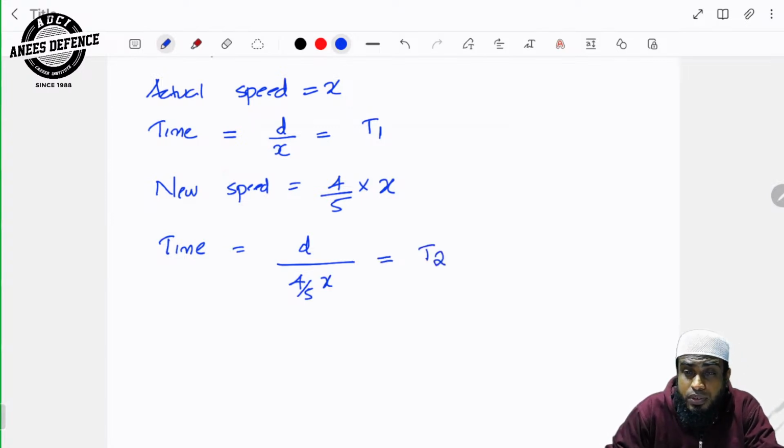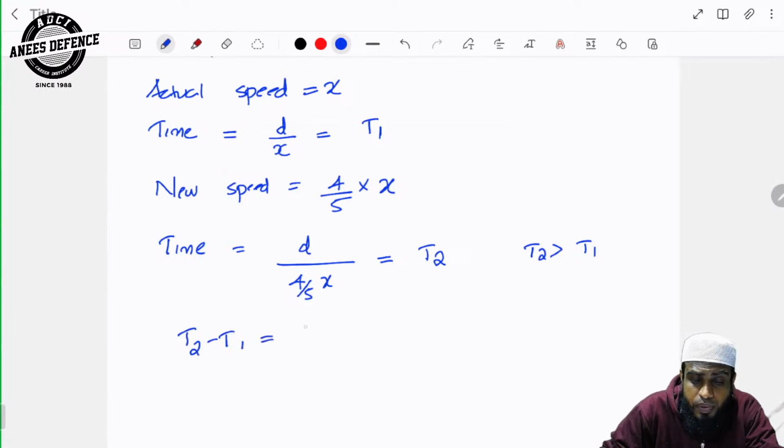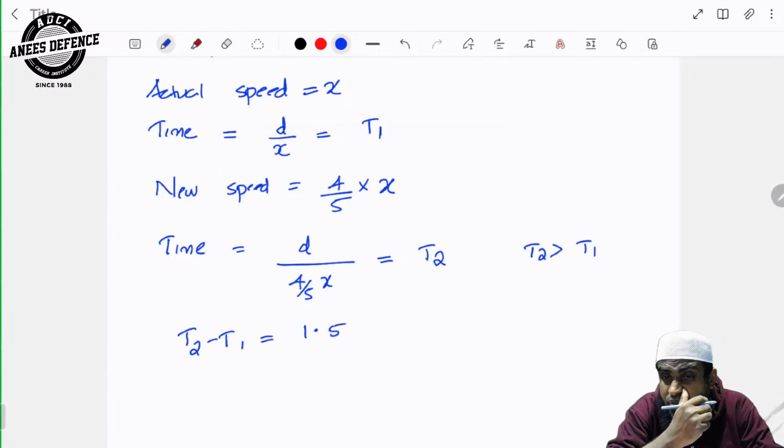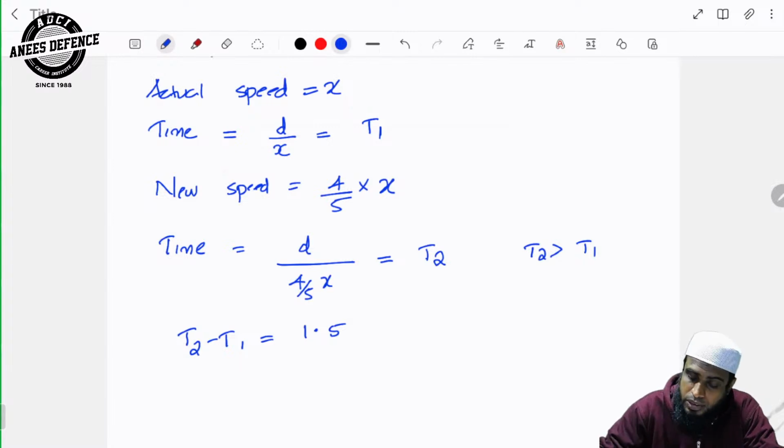If the velocity is less, he will take more time. So t2 will be more compared to t1. But t2 minus t1 is given as 1.5 hours because he is 1.5 hours late. So t1 is d by x and t2 is d by 4 by 5x.